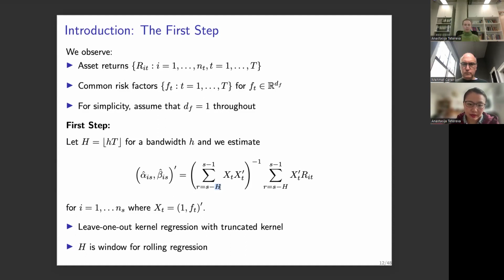With monthly observations, that consists of roughly 60 observations, so h is 60 in that regard. Then we leave the current time period out. X is just a vector, 1 and the vector of known factors. So it's an OLS regression with a certain number of observations over time.